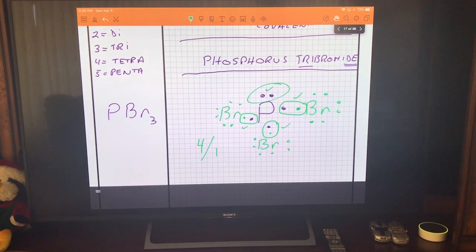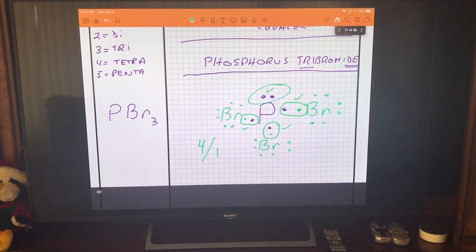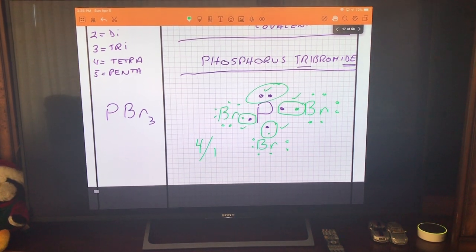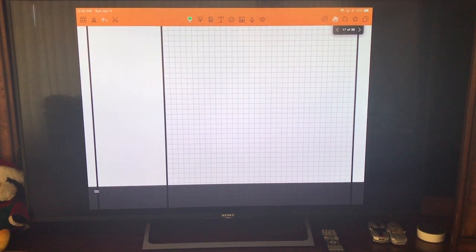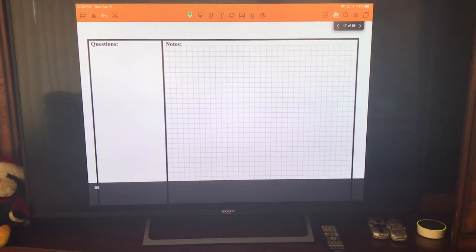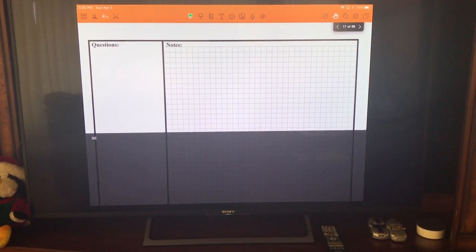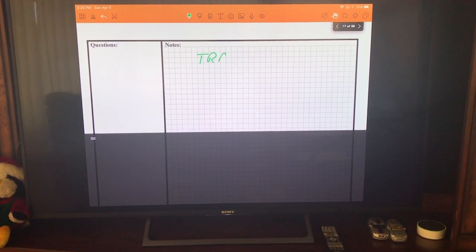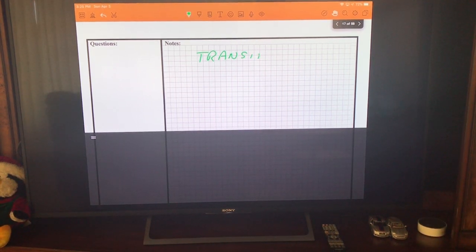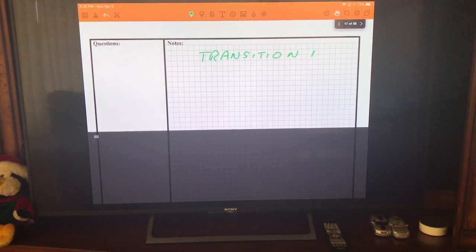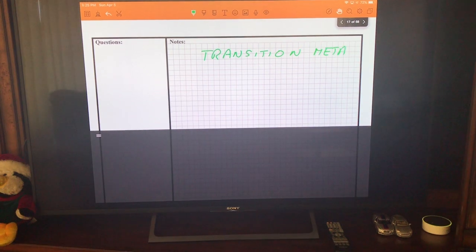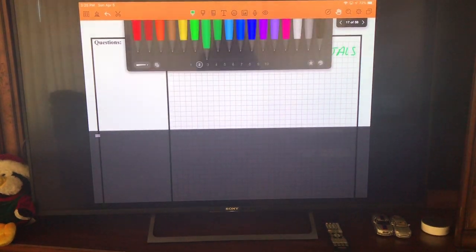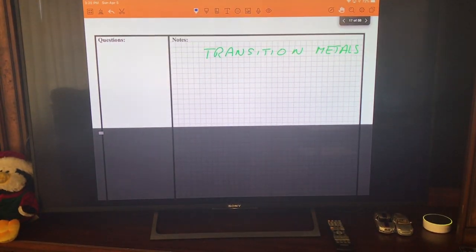So what happens if it is not covalent, but it has a transition metal in it? So for those with transition metals, we need to include the charge. So I'm going to switch colors back over here. I'll pick blue this time.